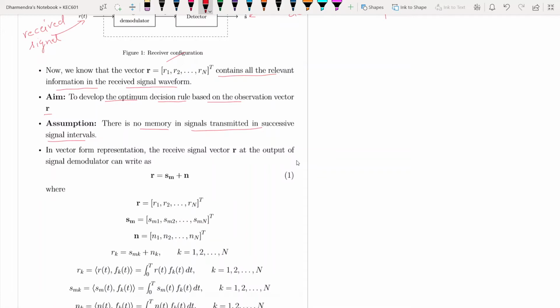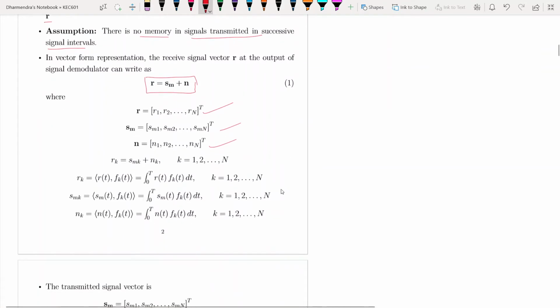That is the assumption for designing the optimum decision rule. So in vector form, the received vector at the output of the signal demodulator can be written as R equal to Sm plus n, where R is an n-dimensional vector, Sm is also an n-dimensional vector, and n is also an n-dimensional vector.